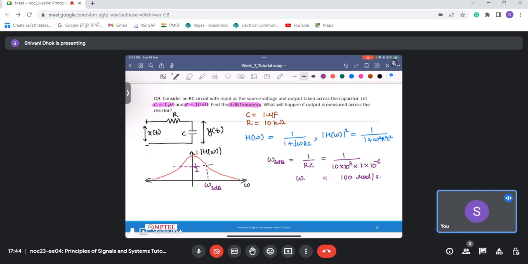So this is the 3 dB frequency for the circuit which was considered in the normal lectures.